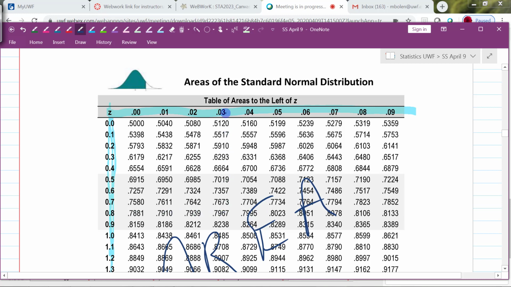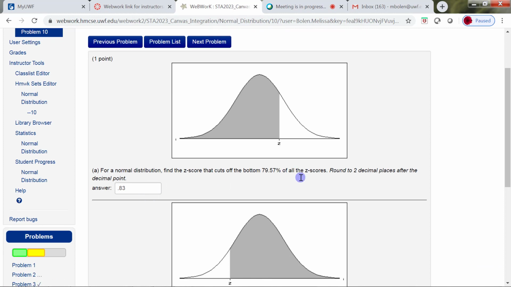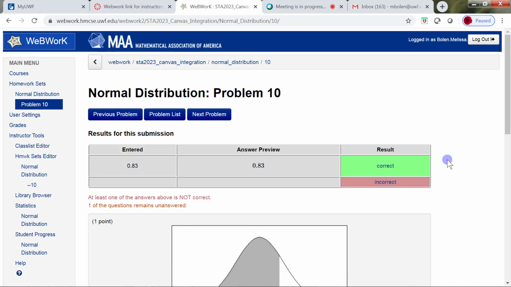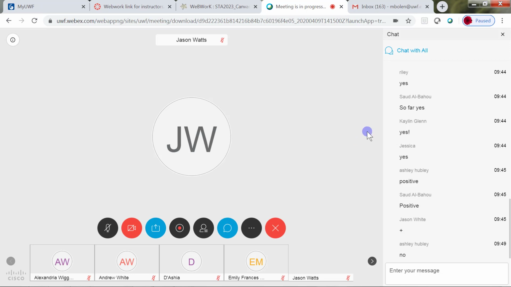And is that what you sent me in the text that you put in as the answer? Let me look. No, you put in 0.79. So Saud, on mine, I guess this is my answer, not yours. So it should be 0.83 and submit answers. Let's see if that comes up correct. It does.